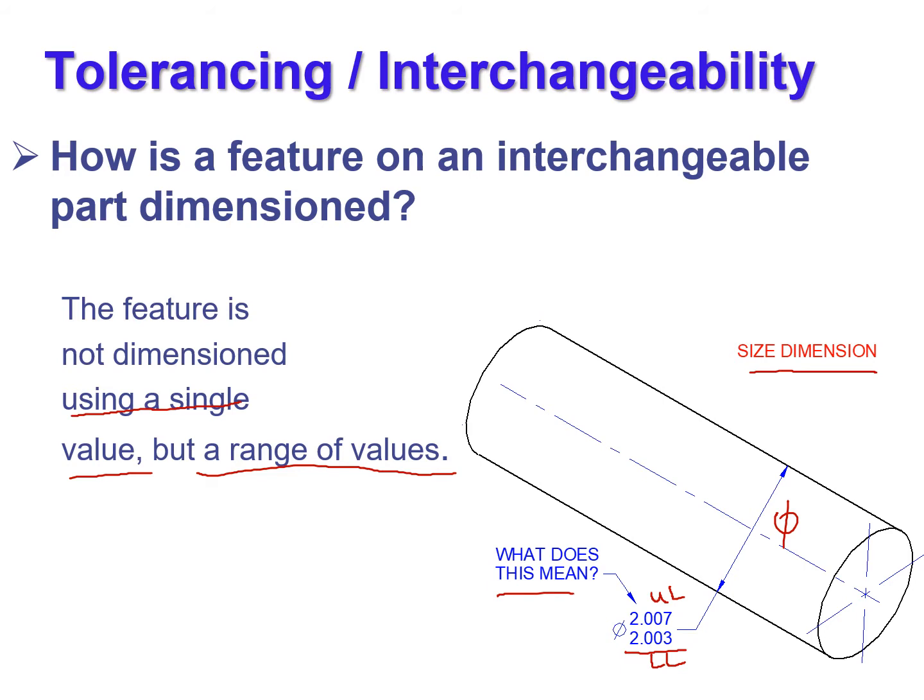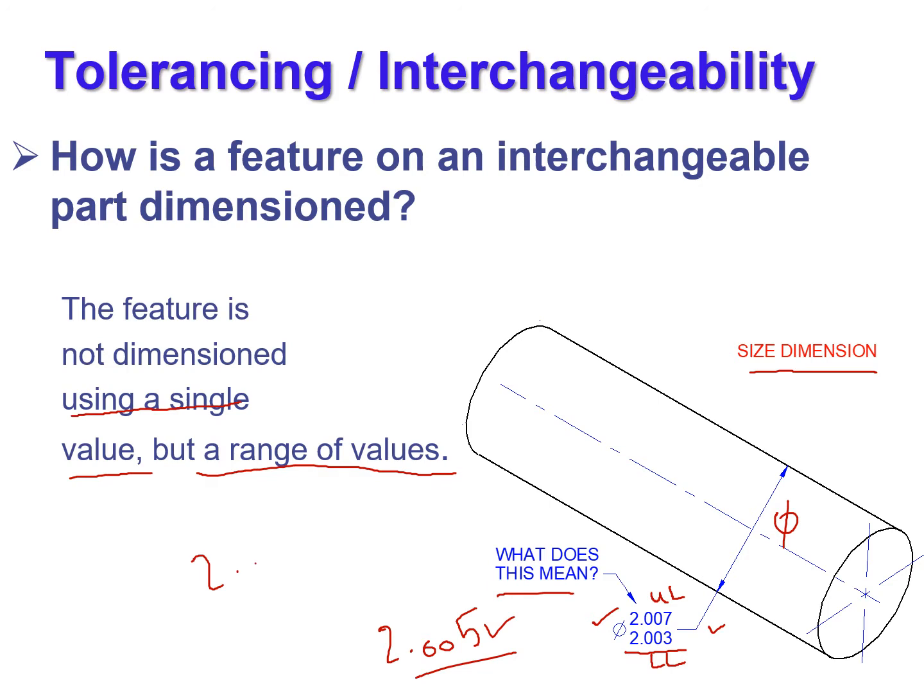So now there is a range defined for us to manufacture this cylinder, and we do not have one dimension, but a range of values. So we can manufacture this cylinder according to this range of values. And let's say our manufactured part is 2.005, so it lies in this range. So this is correct, and it will be easy to fit this cylinder whenever we want.